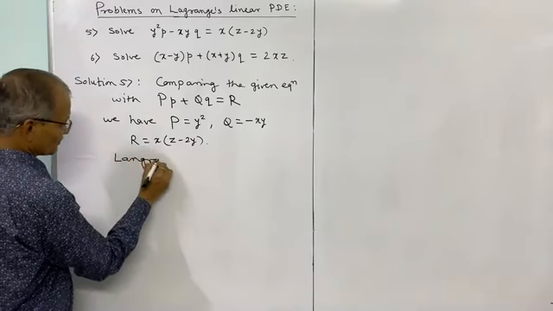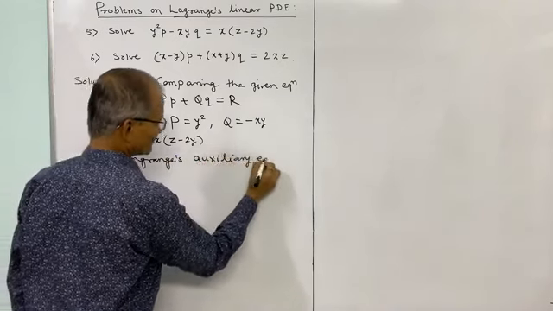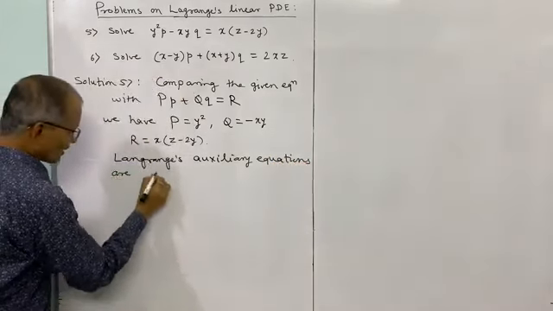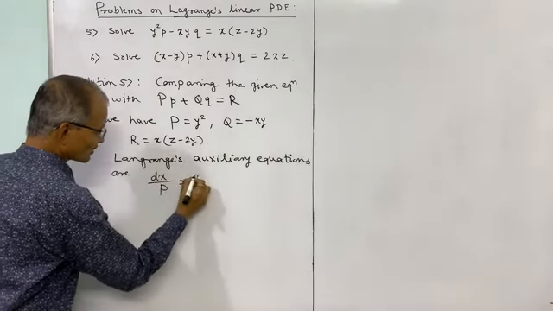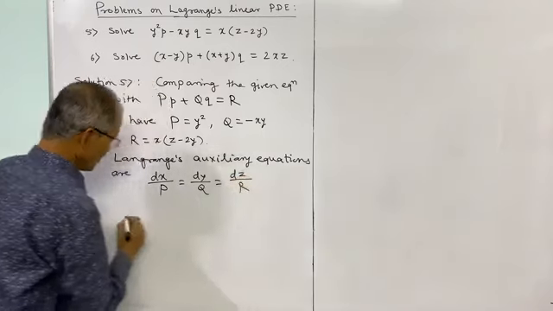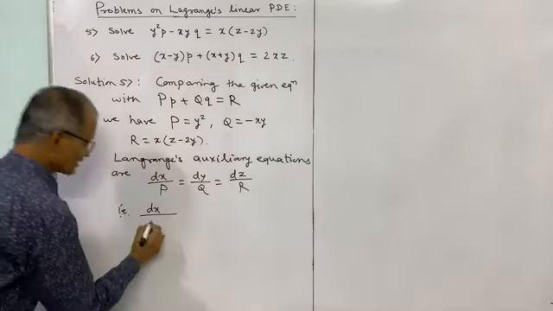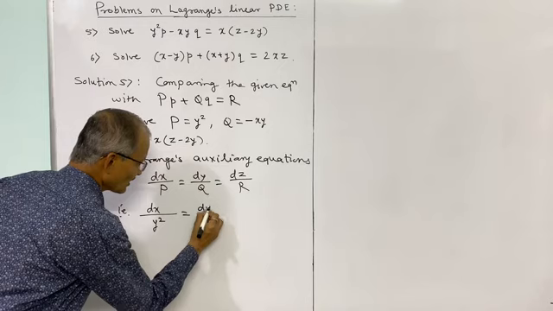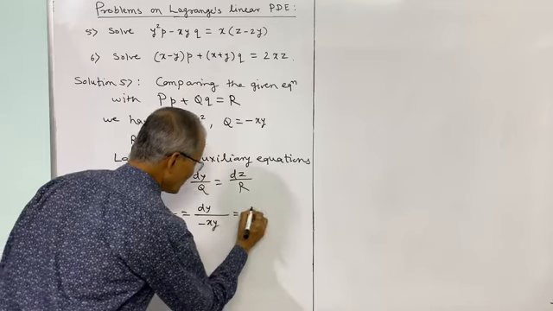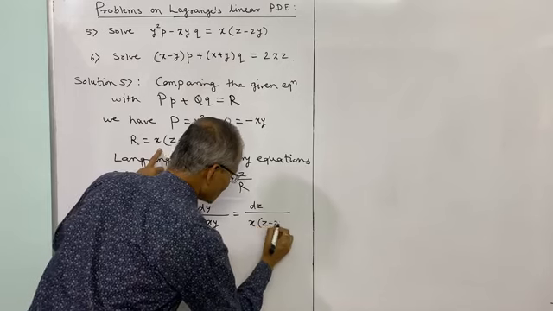Lagrange's auxiliary equations are these simultaneous equations: dx upon P is equal to dy upon Q is equal to dz upon R, or that is dx divided by y square, dy divided by negative x into y, and dz divided by x into bracket z minus 2y.